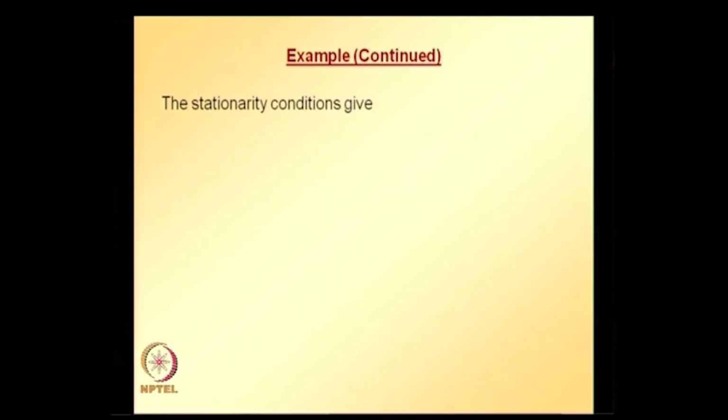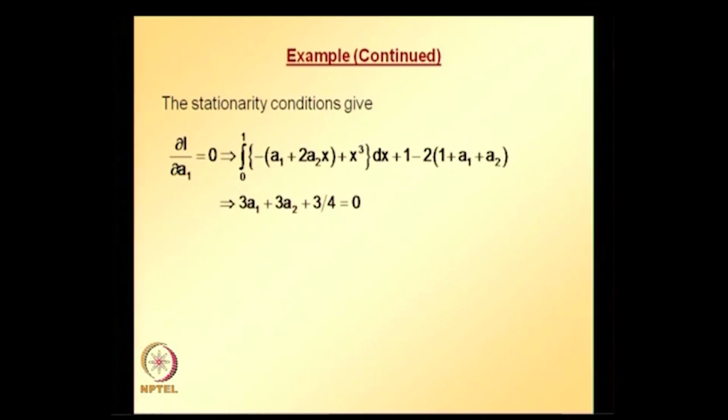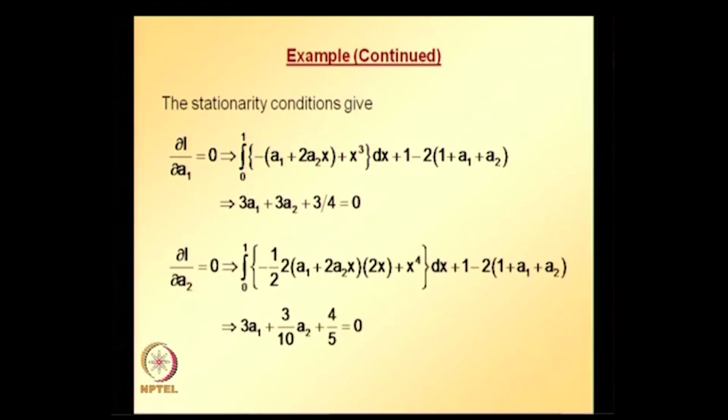These are the stationarity conditions. Applying that condition, you get the first equation, that is the partial derivative of I with respect to a1 is equal to 0. Applying the second condition, the partial derivative of I with respect to a2 is equal to 0, you get the second equation. So you have two equations and two unknowns a1 and a2, and you can solve for these two unknowns.